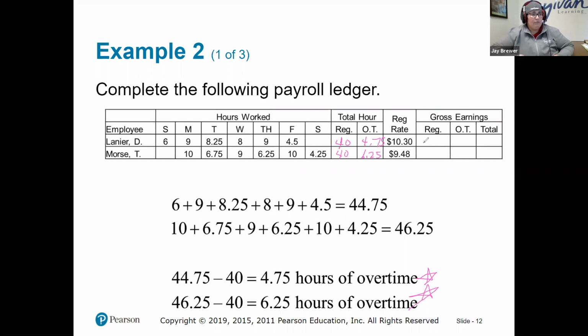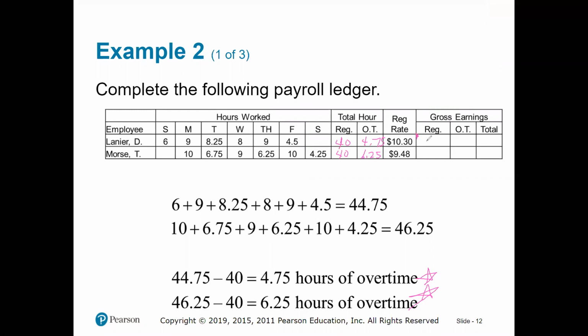So how do we figure out our regular and our overtime? Someone tell me what to do. What's the first step? How do I get my regular rate for right here? Multiply 40 times 10.30. Good.